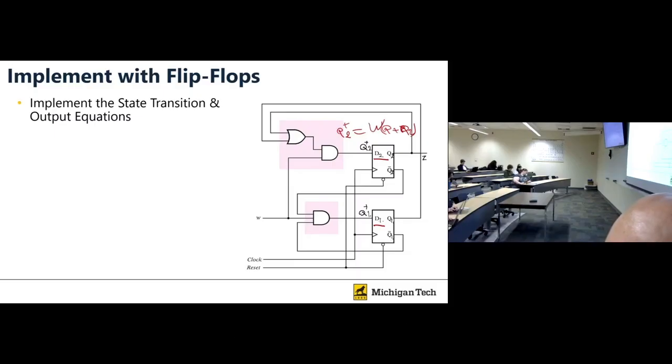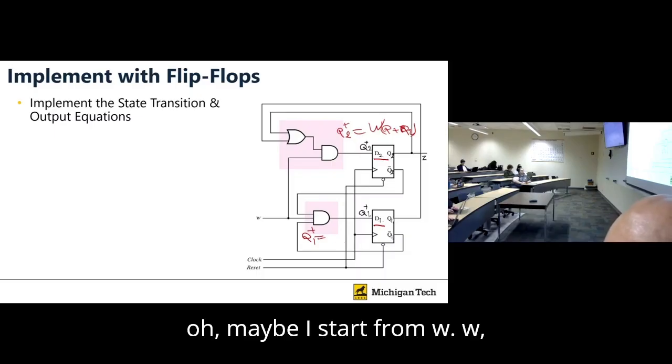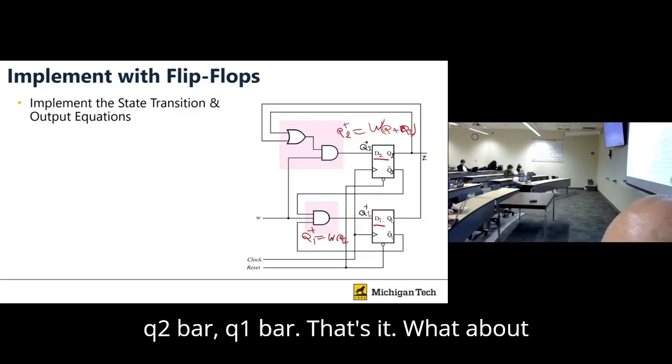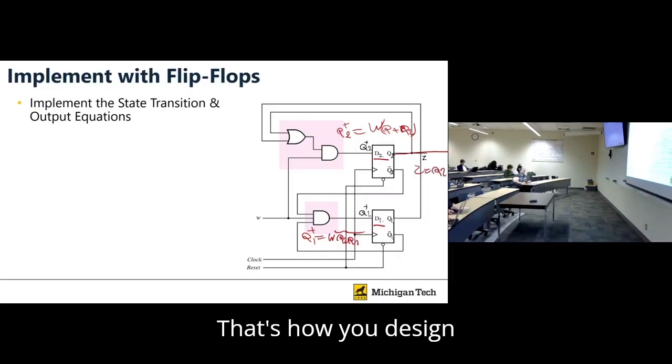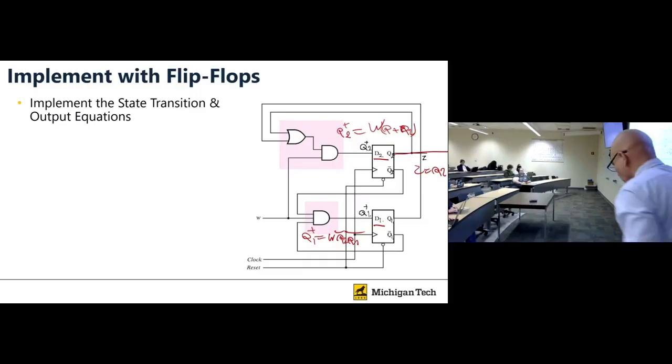And this one is Q1 plus is 2. Oh, maybe I start from W. W, Q2 bar, Q1 bar. That's it. What about Z? Z is Q2. That's how you design this diagram.